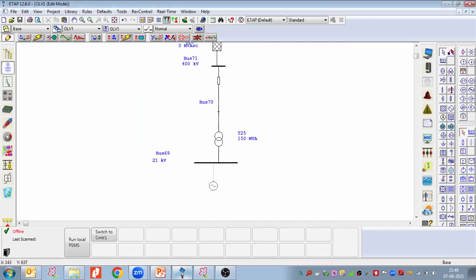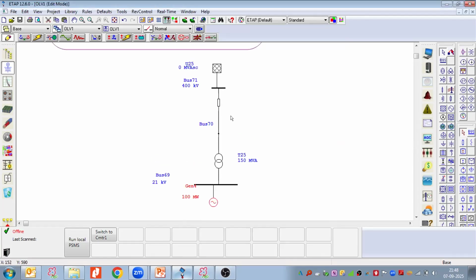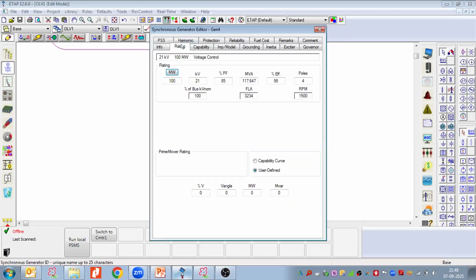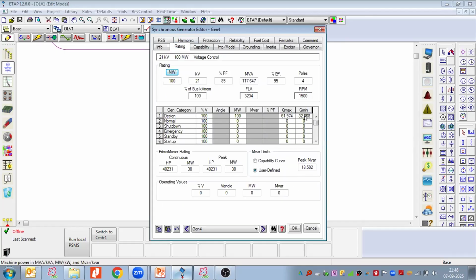Okay, so we are trying to understand the generation operations with the help of a piece of network. Here we have taken the generator voltage control rating. Suppose we have not assigned any value over here. Suppose I go without any value.